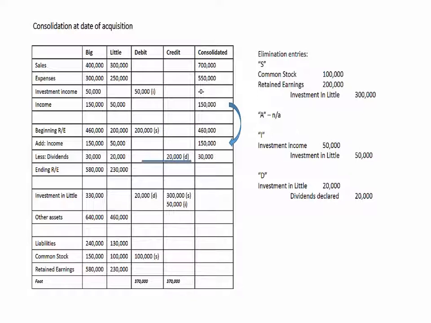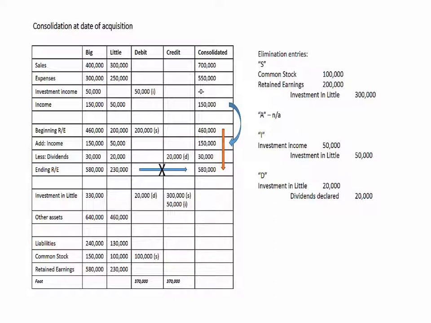Dividends, again, we've eliminated the subsidiary's dividends, so we're left only with the parent's dividends. And so working our way down that consolidated column, our ending retained earnings is $580,000. Beginning retained earnings of $460,000 plus net income of $150,000 less dividends of $30,000 equals ending retained earnings of $580,000.